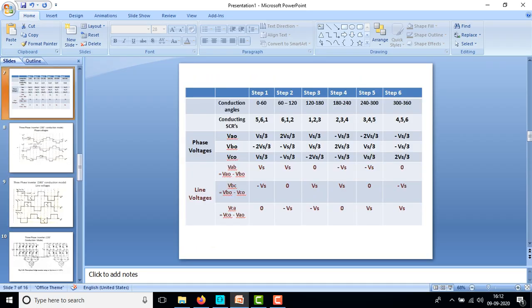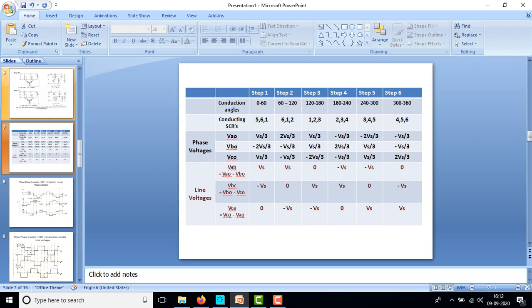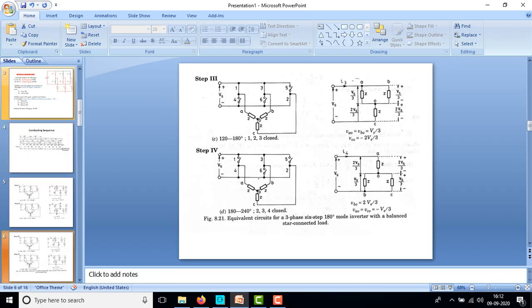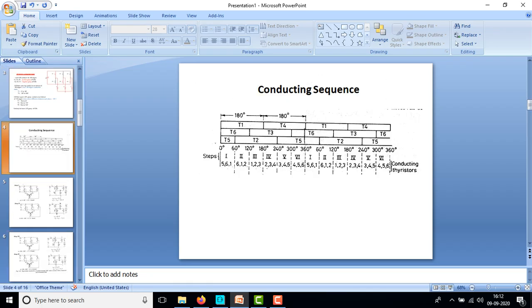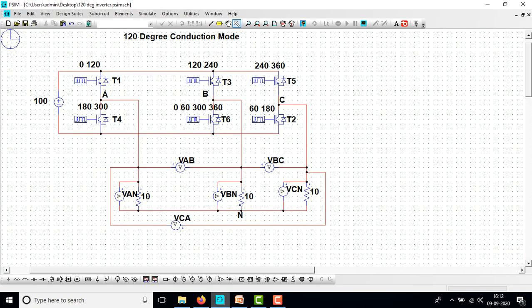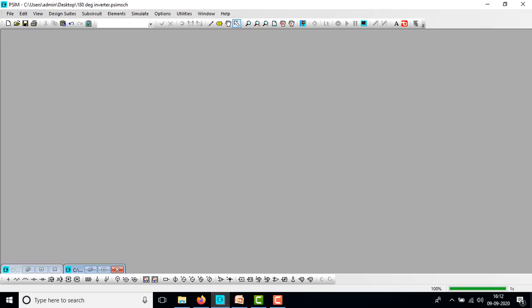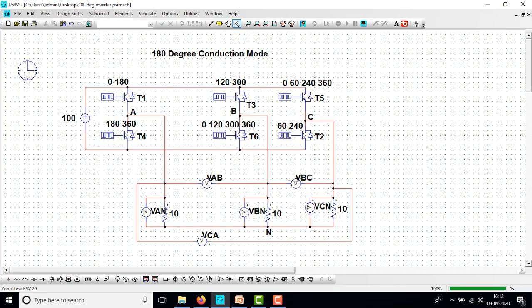So here for the first phase, from the conduction sequence, you can see T1 will start the conduction at 0. So this is the 120 degree mode, this is the 180 degree mode.